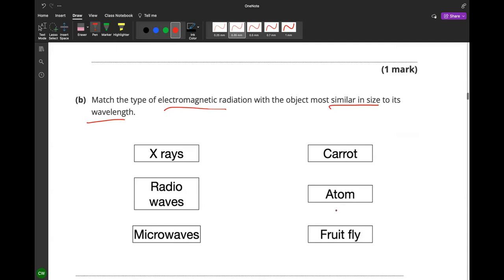So which one is the smallest one? Atom, correct. Which one is the longest one? Radio wave. These two, which one longer? Microwave, fine.